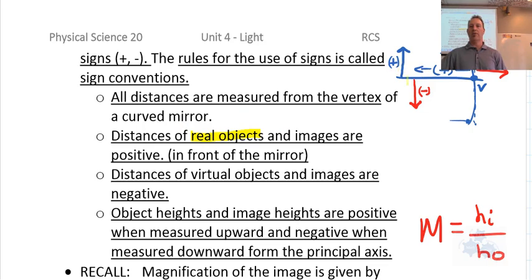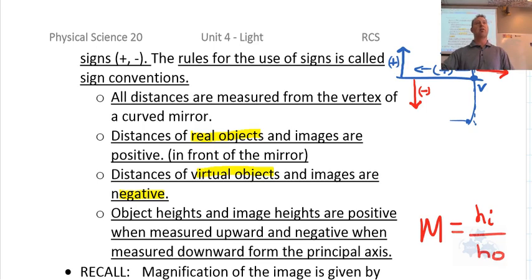So this right here, let's say this was the image right here, this distance would be positive. Distances of virtual objects are negative. So anything that's behind the mirror this way is negative. Behind the mirror going back this way, those would be negative.